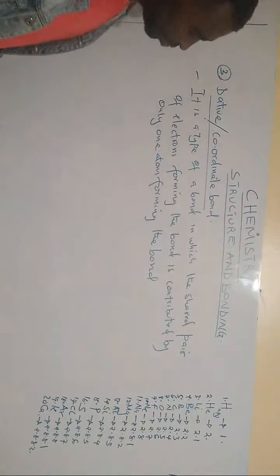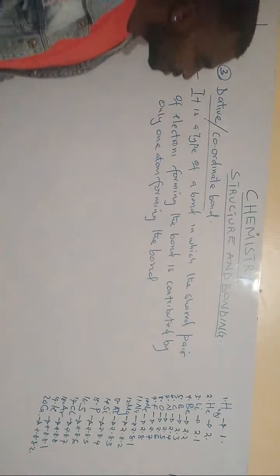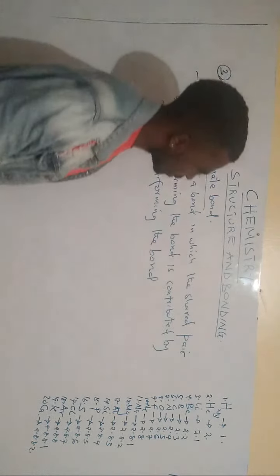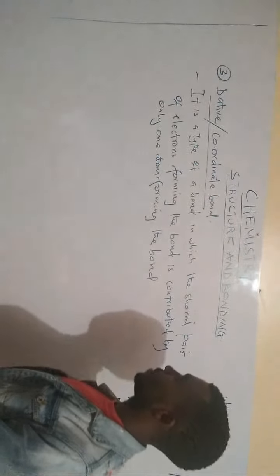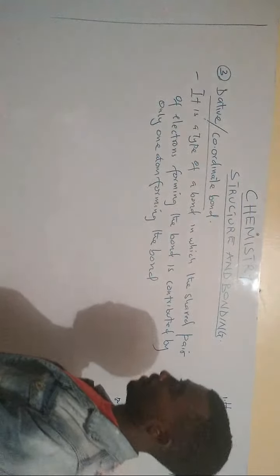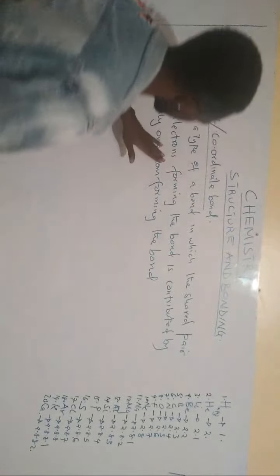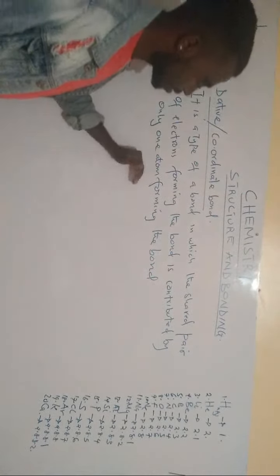So can you explain this grammar in chemistry? If it was mathematics, I would say mathematically. So it's a type of bond in which the shared pair of electrons forming the bond is contributed by only one atom forming the bond.